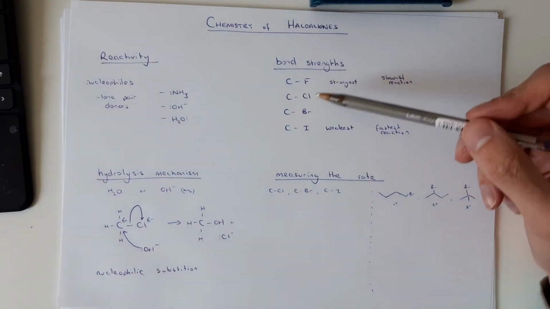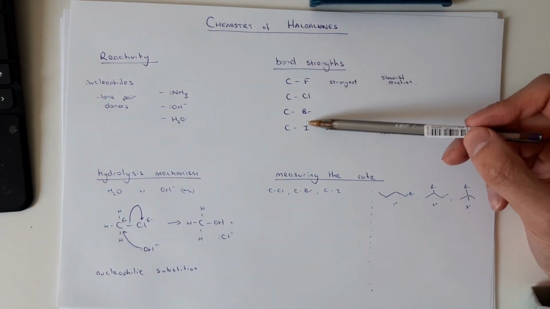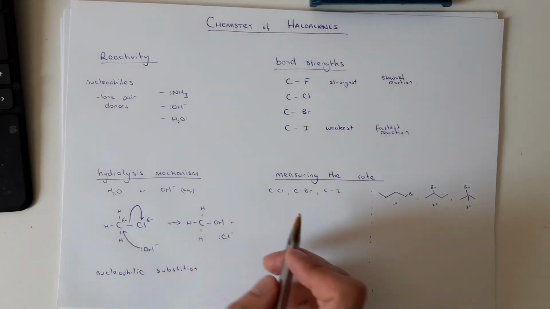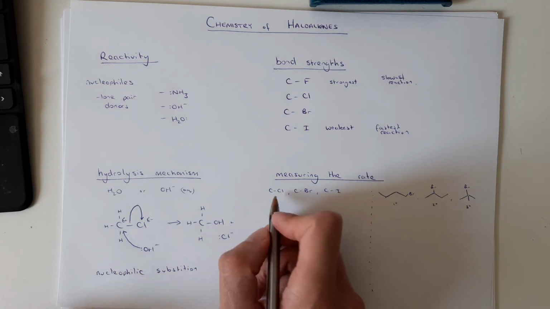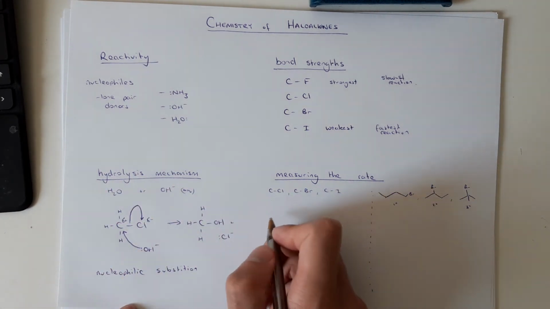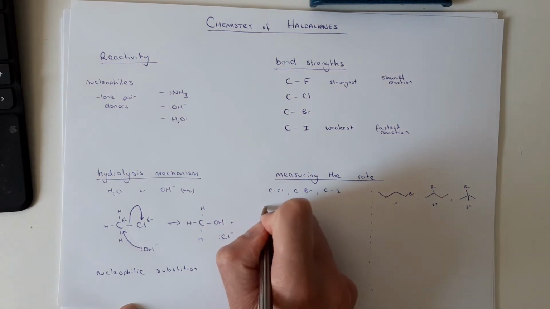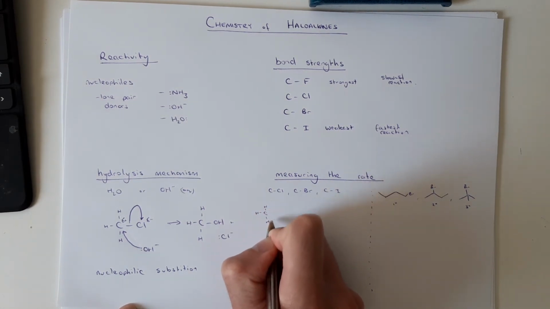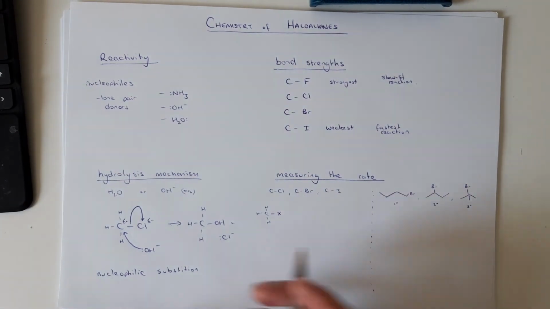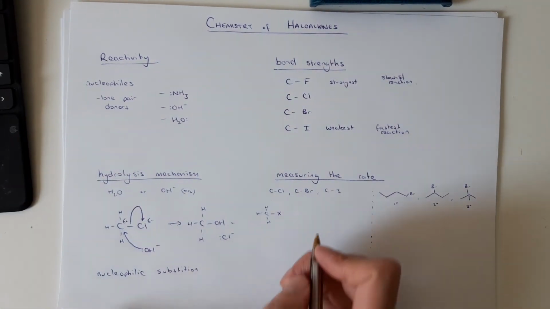We don't use C-F in our experiments, so we can show it with C-Cl, C-Br, and C-I. If we take each of these, obviously attached to a full compound, I'm just concentrating on this bond. In fact, I might just do them next to a methyl group. So X could be either chlorine, bromine, or iodine, but the same reaction goes on.